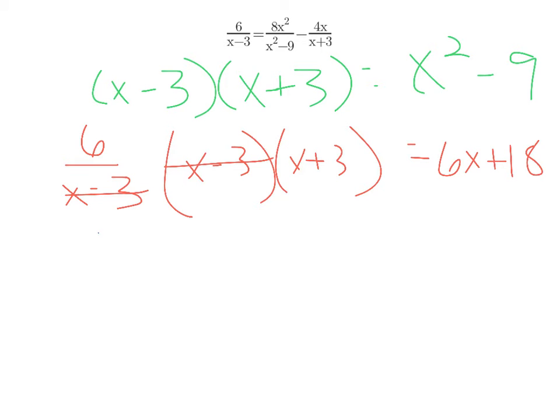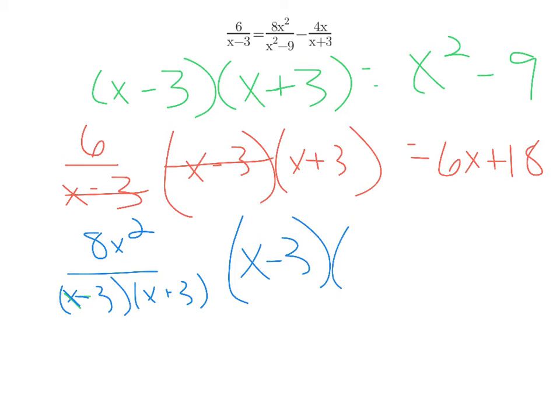When I multiply 8x squared over, I'm going to rewrite my denominator in factored form, x minus 3 times x plus 3, by my least common denominator of x minus 3 times x plus 3. My denominator cancels out completely, and I'm just left with 8x squared.